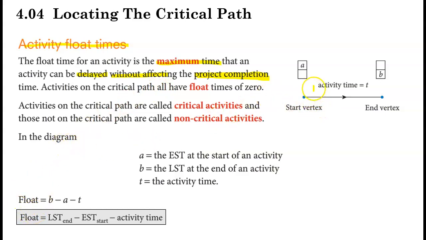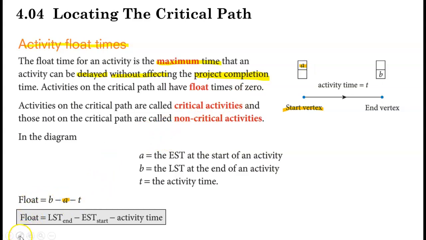Now, if you look at the activity here, and the arrow is from left to right, okay? Now, I'm going to look at the start of the activity here. The start of the activity, okay? And for the start of the activity, I'm going to look at the EST value. Okay, so this is the EST value here.